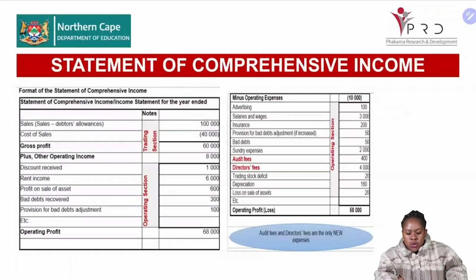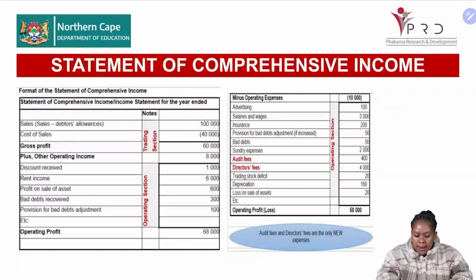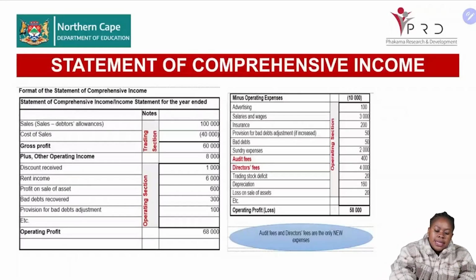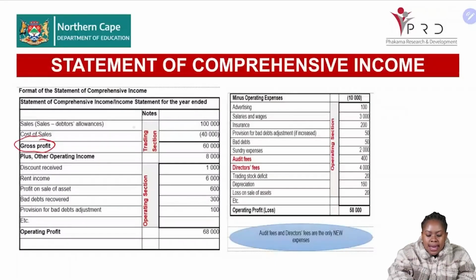Now, let's go on to our statement of comprehensive income. Obviously at the top, we have our gross profit. How do we calculate gross profit? Sales less cost of sales. It's very important for you to know this because this is operational marks.